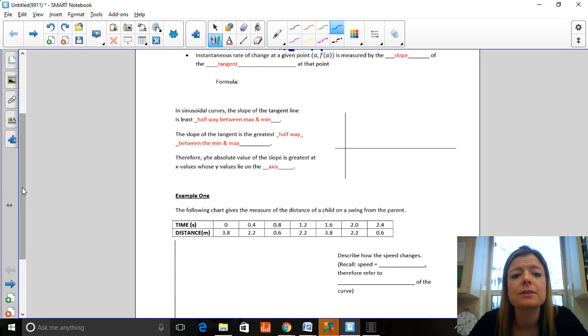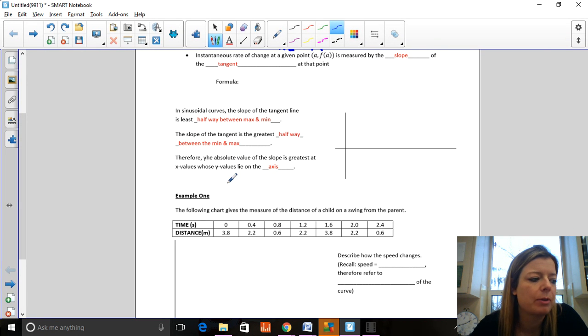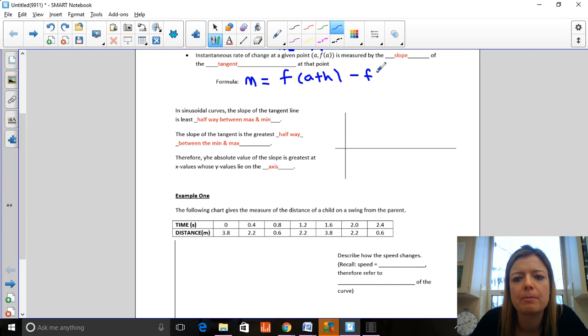The instantaneous rate of change, however, at a given point A, where the y value is F at A, is measured by the slope of the tangent at that point. So remember, we use the difference quotient. So the slope is equal to F at A plus H, where H is a very small value, minus F at A, all divided by H. Okay, and you make H very small.